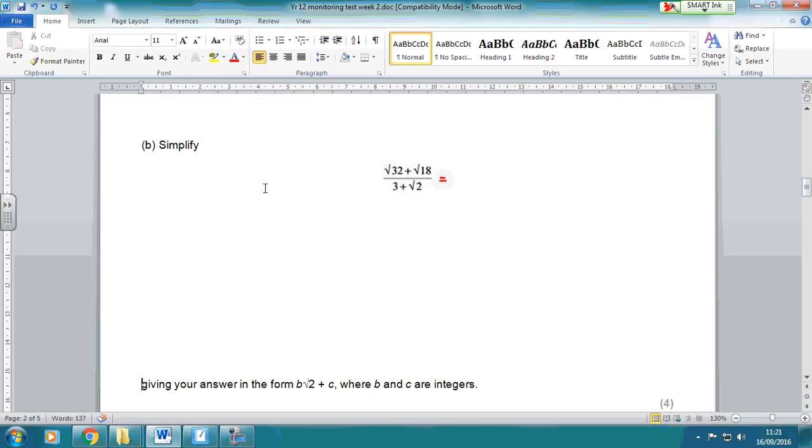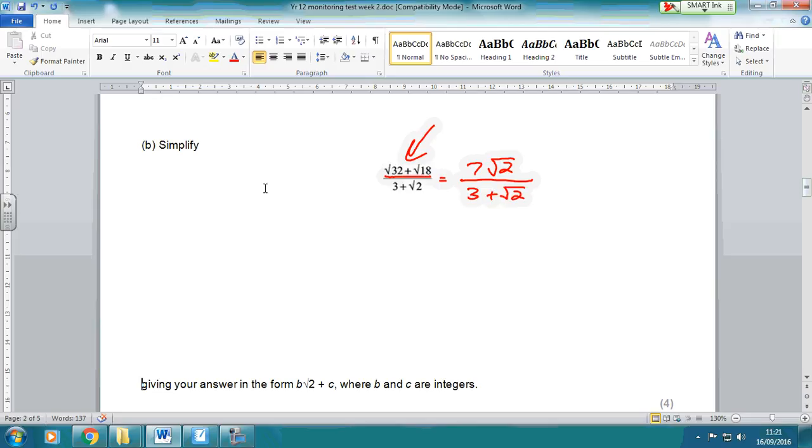And in the last question, we found out that equals 7 times the square root of 2. So that's something that you've got to observe. A lot of times, part A links to part B. So in part A, we simplified this to 7 root 2. So we've got to simplify 7 root 2 over 3 plus root 2.